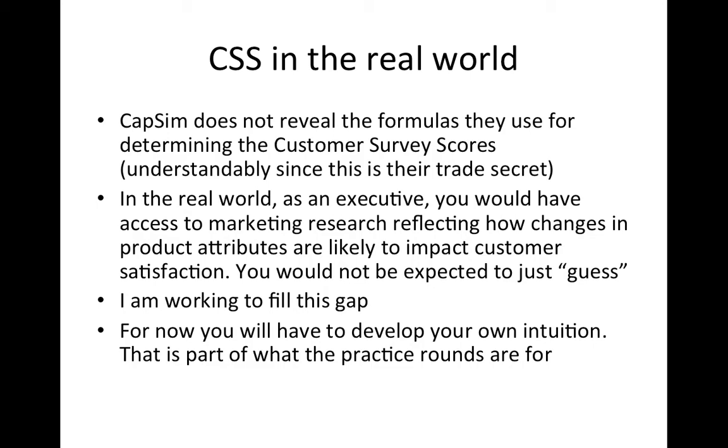And similarly, you can develop some intuition by making different decisions during the practice rounds and seeing how each influences the customer satisfaction score. I would definitely encourage you to start paying attention to that score round after round and seeing how the decisions that you're making are influencing that score and how they are comparing to those of others. Anyway, I hope this is useful.